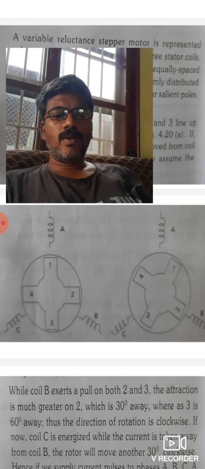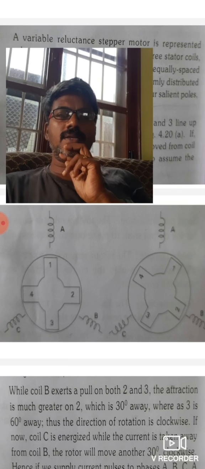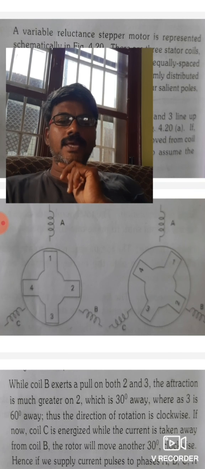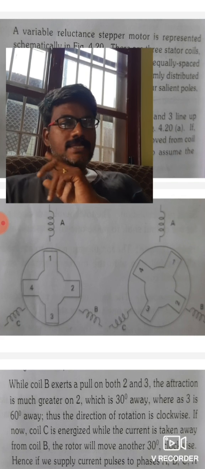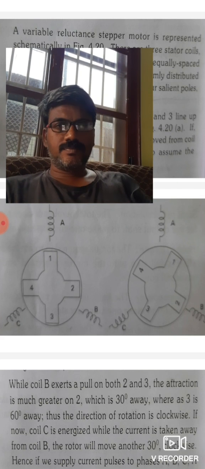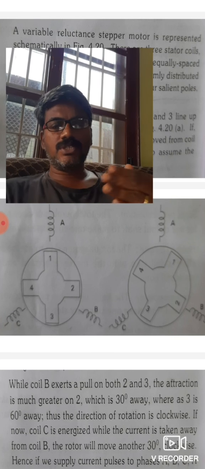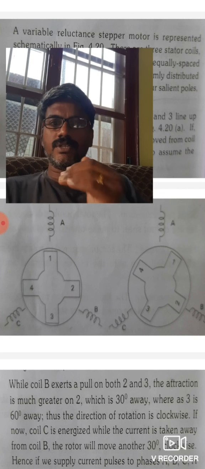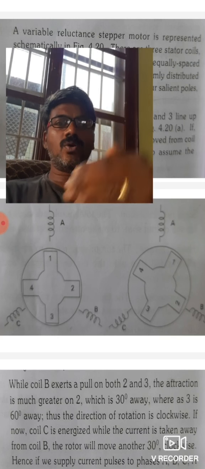If now the coil B is excited, and excitation is removed from coil A. Excite coil A first initially, right? After that, excite the B coil.